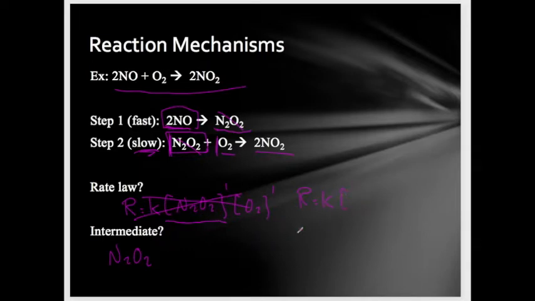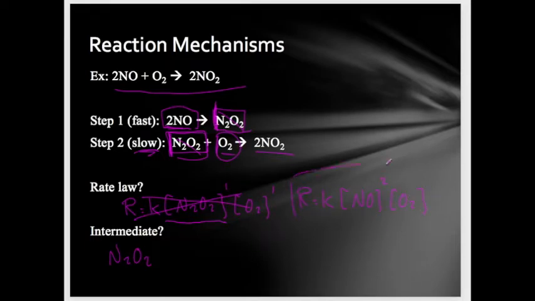I don't want an intermediate in my rate law. It came from 2 molecules of NO reacting with each other. So in other words, I'm just taking this 1 mole of N2O2 and I'm replacing it with this equation where 1 mole of N2O2 came from 2 moles of nitrogen monoxide. And then I still have 1 mole of O2 right there.